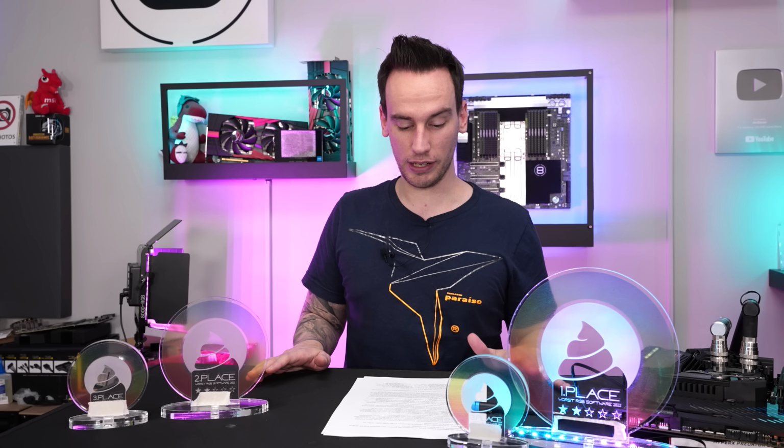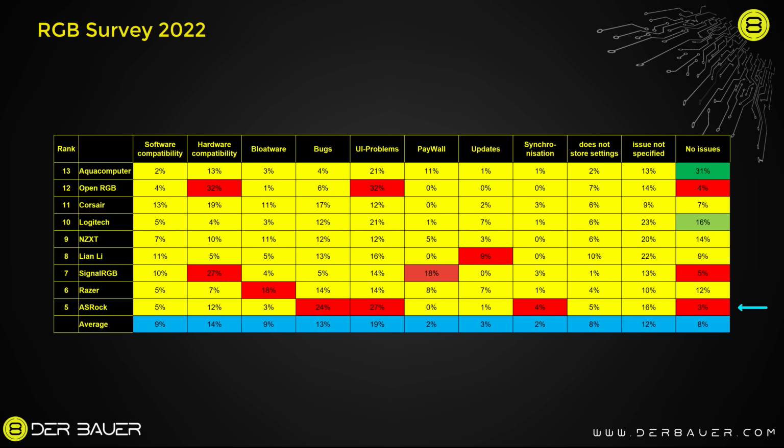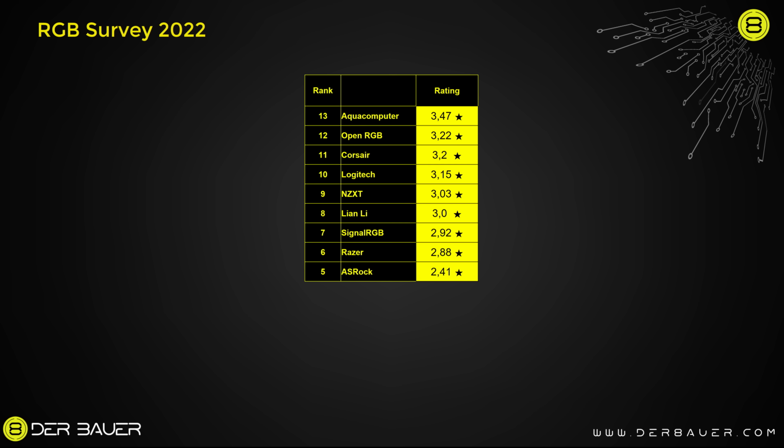Not even talking about the effects, which are also often not working, but also the very basic RGB settings are not working. So just generally a huge amount of bugs, and I find it quite amusing that only 3% of ASRock's Polychrome users are satisfied with this software. This is a complete disaster from my point of view. It's also very often detected as anti-cheat software, so not very suitable for gaming, can be very annoying, and that's why this one got 2.41 out of 5 stars from you.